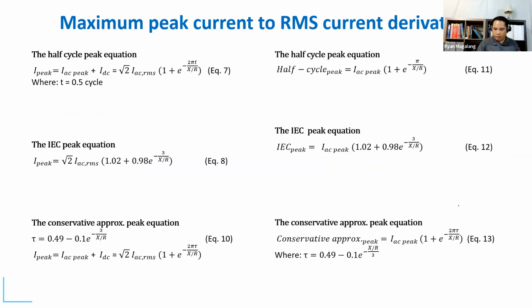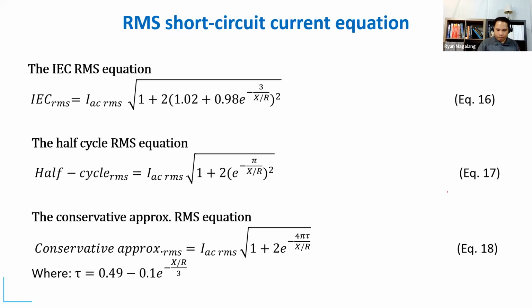Here is some comparison between the half cycle peak equation. I'll just trim it down and send it to you, so you don't have to worry about that. So, RMS short circuit current equation.